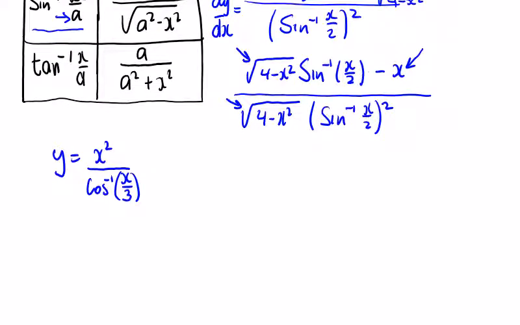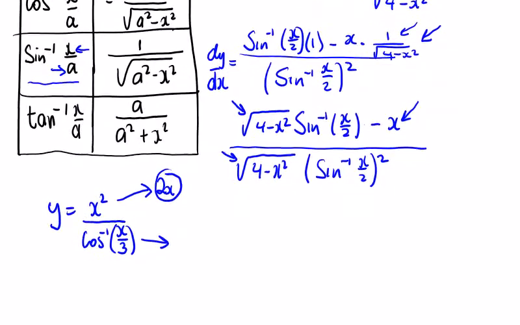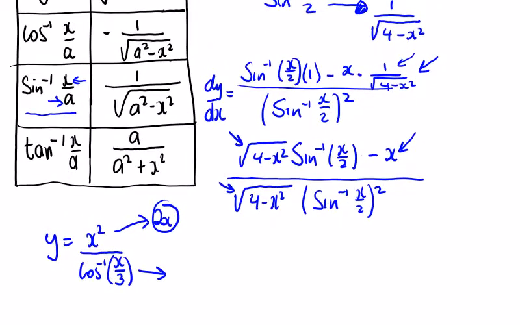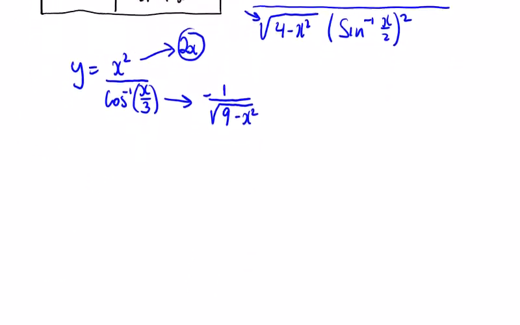So this one, y is equal to x squared over the inverse cos of x over 3. The top differentiates to be 2x. The bottom differentiates to be, you can see here, it's minus 1 over a squared minus x squared, so minus 1 over a squared, which is 3 squared, which is 9, and the minus x squared. So now we just simplify it down using our quotient rule.